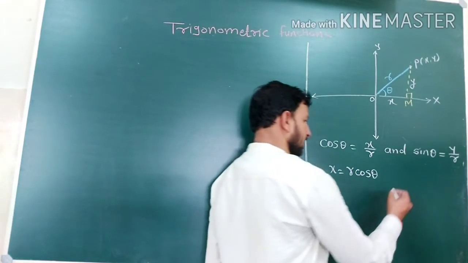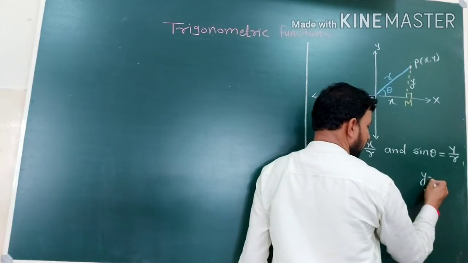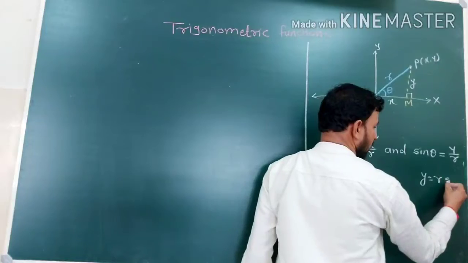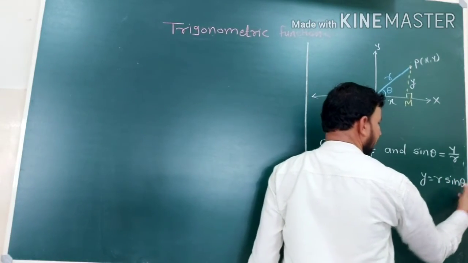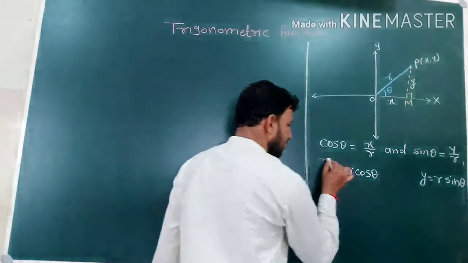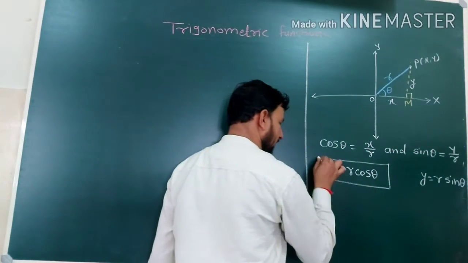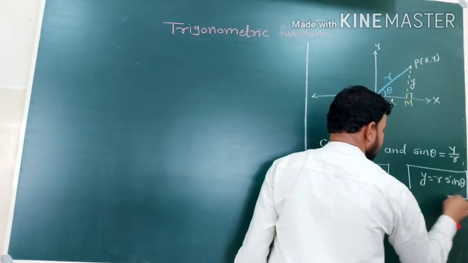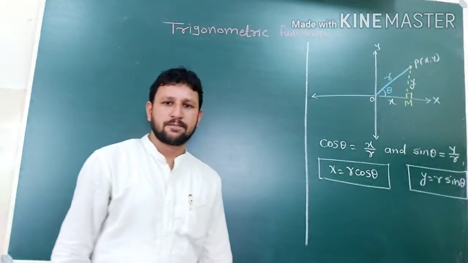And second relation is y is equal to, check this, r gets multiplied with the sin theta, so it is equal to r sin theta. So two equations are obtained. One is x is equal to r cos theta, and the second y is equal to r sin theta.